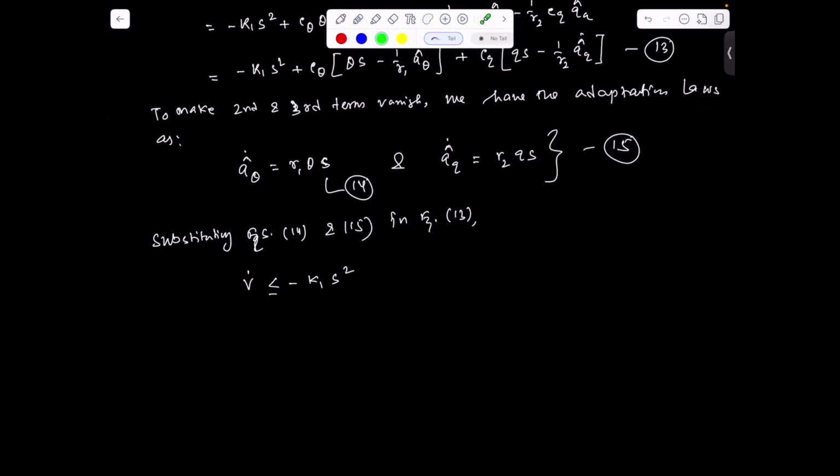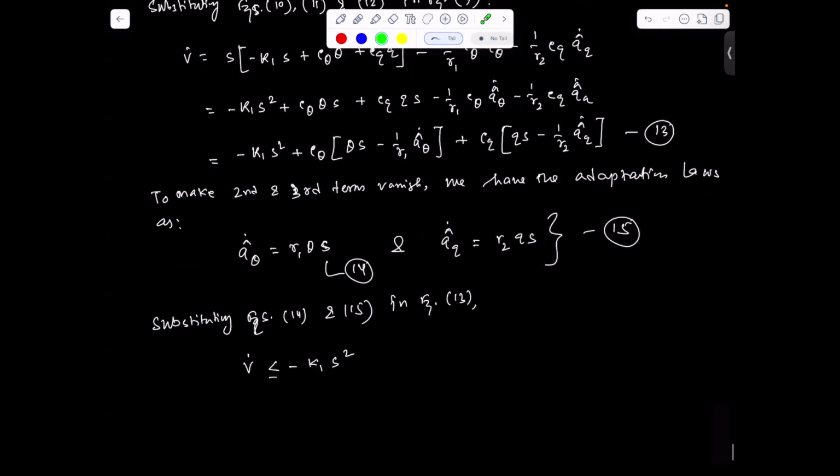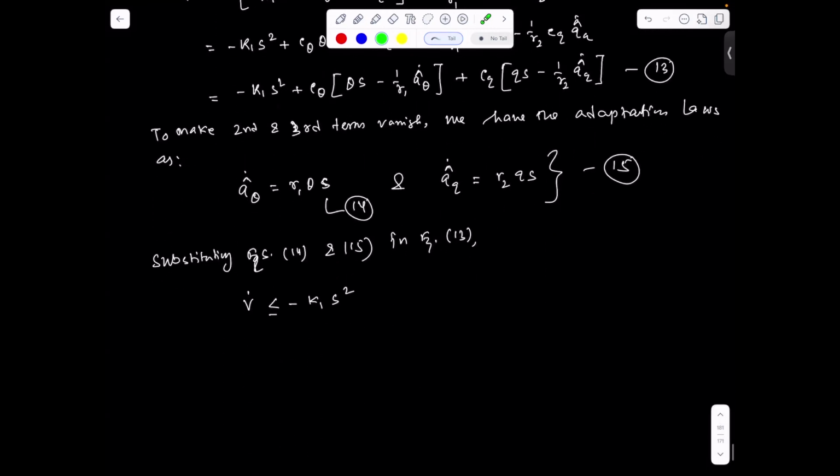And this is the adaptive laws for this controller, what you have done before. And now we'll have the MATLAB code. And before that, we need to have some analysis.